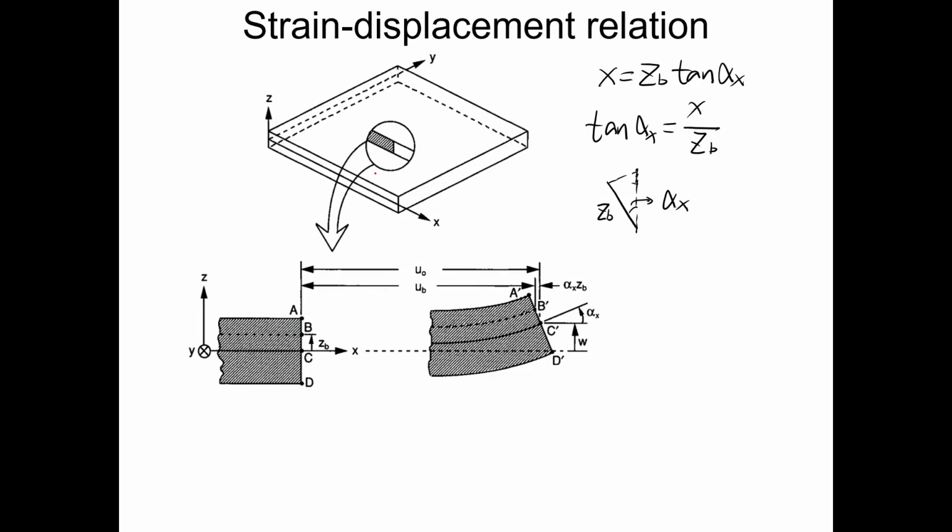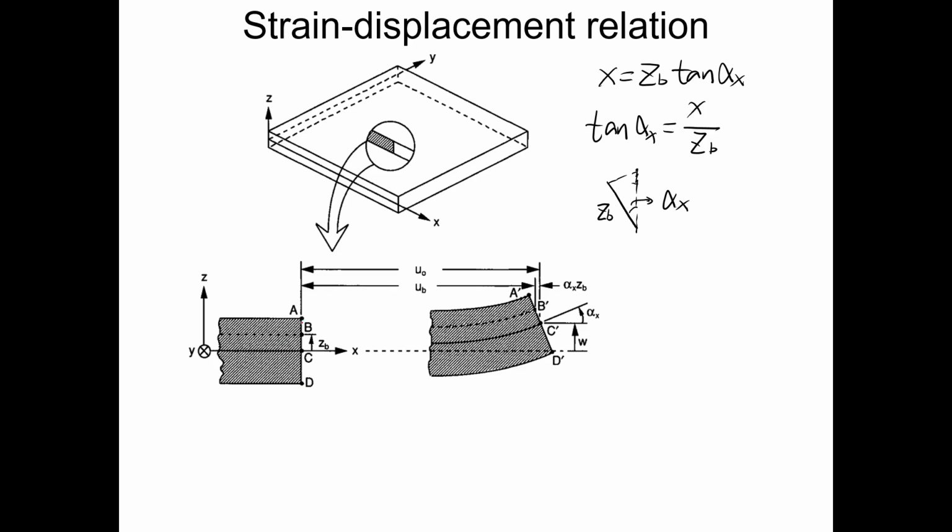Firstly, we need to use the classic strain displacement relation. As you can see, we just start with two layers. If you have a two-layer structure and you bend it, what will happen?